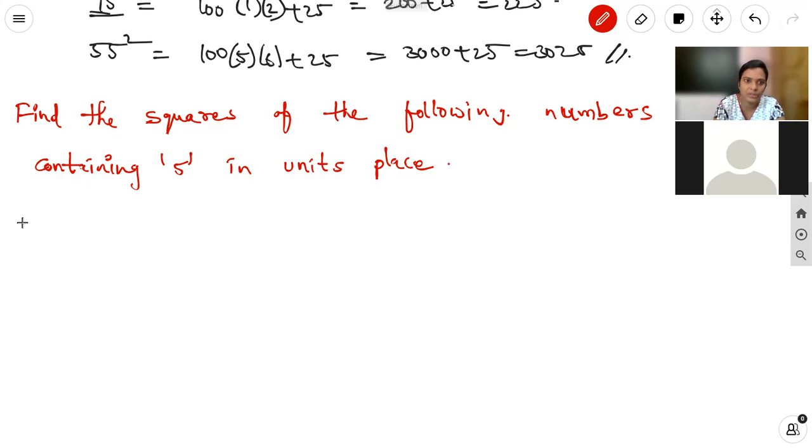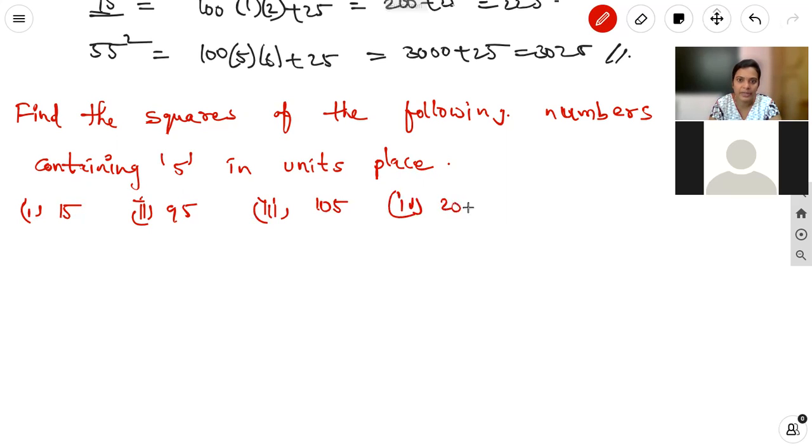We are discussing only 2-digit numbers. The first one is 15. The second one is 95. The third one is a 3-digit number, 105. The fourth one is 205.